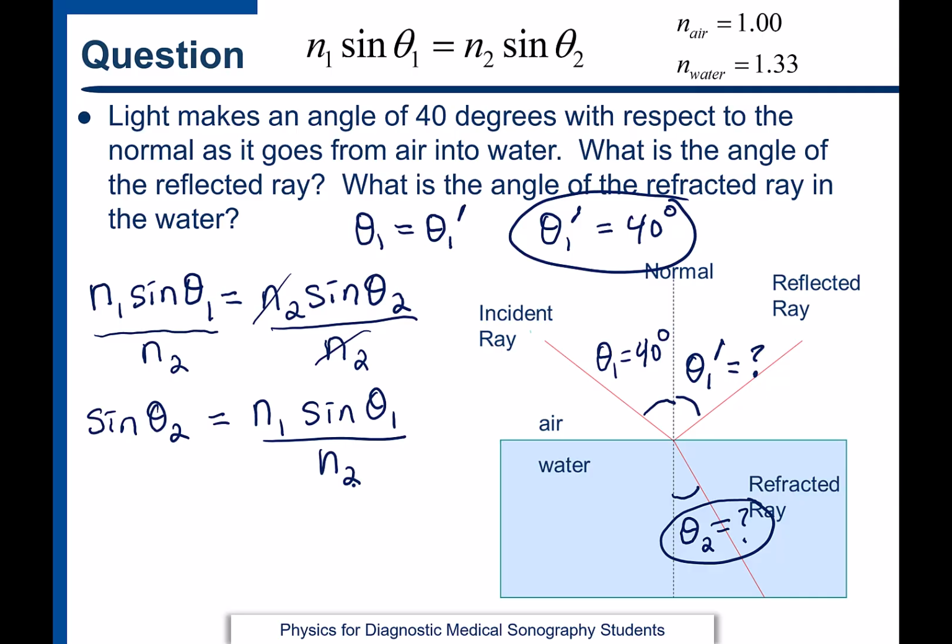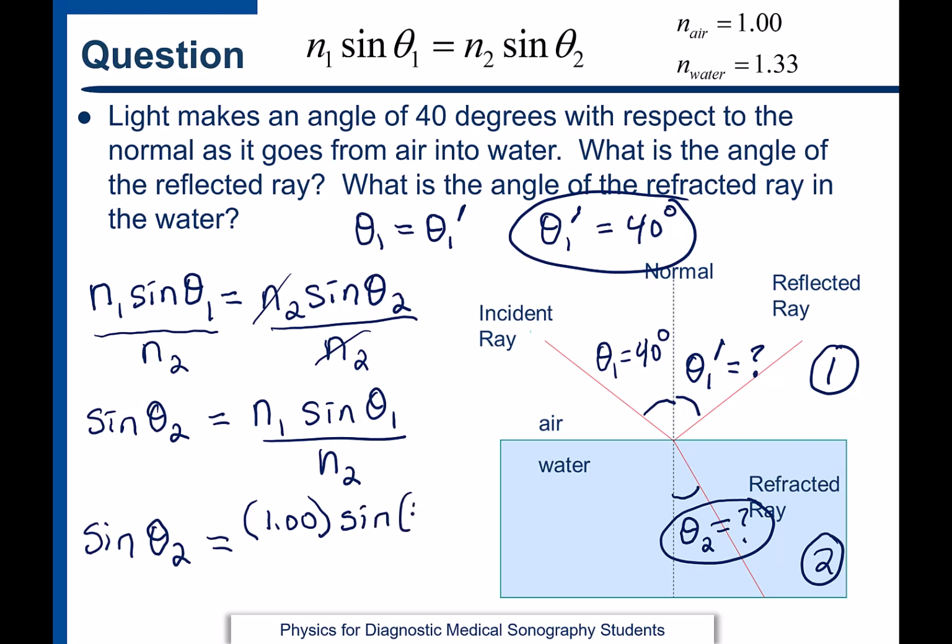And now we're going to plug in the numbers. So sine theta 2 is equal to n1. So this is material 1, this is material 2. So air has an index of refraction of 1. We want the sine of the angle of incidence, which is 40 degrees. And then we want to divide that whole thing by 1.33.